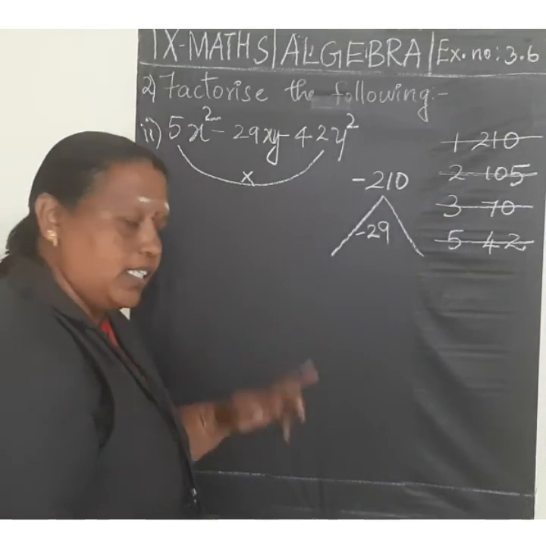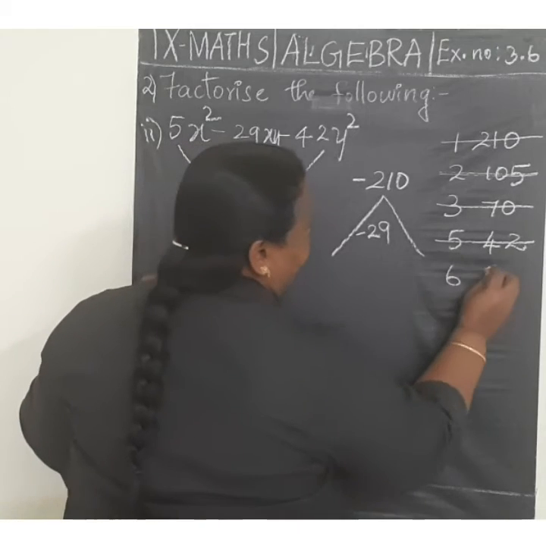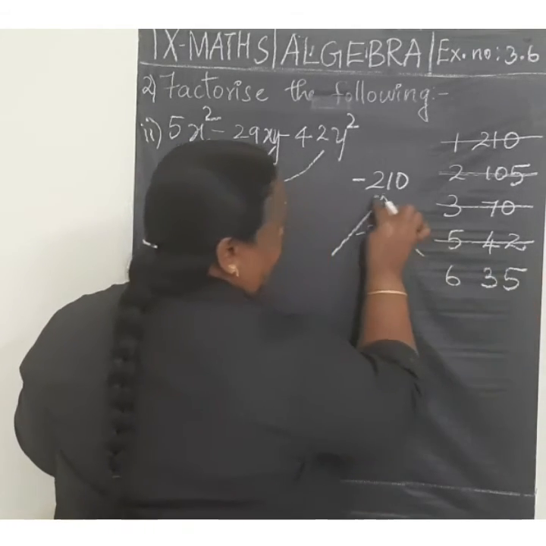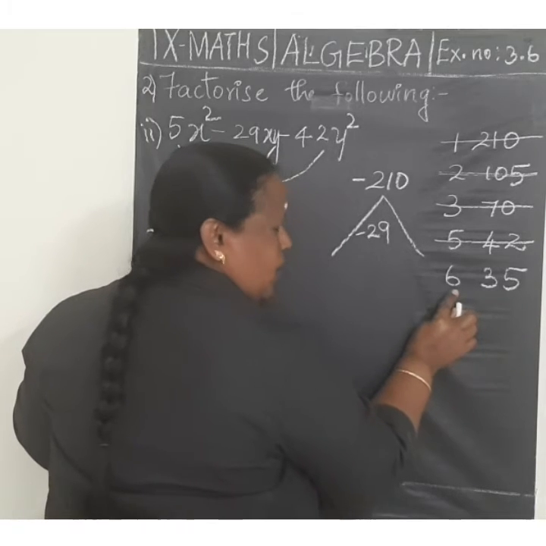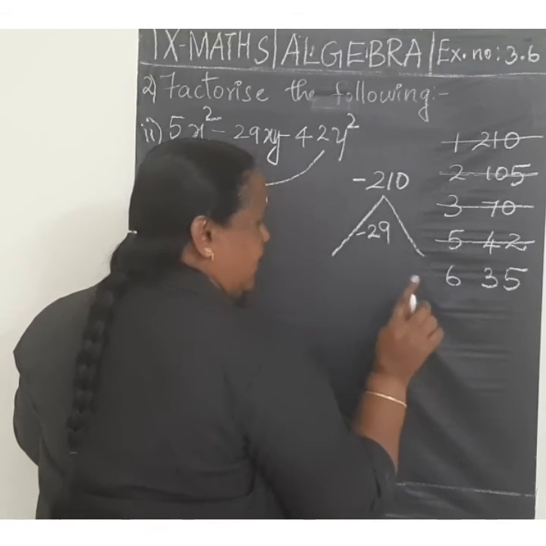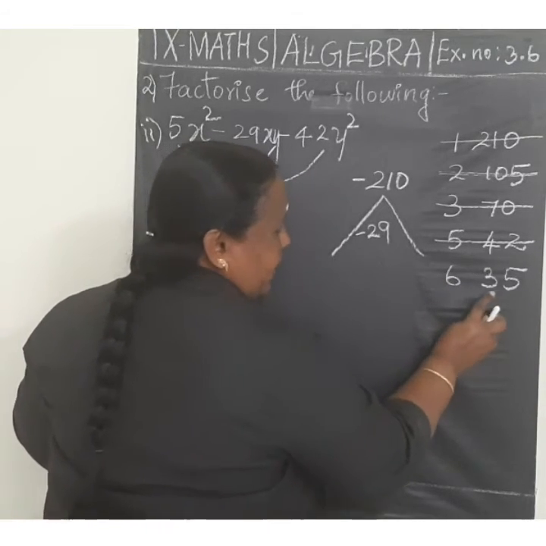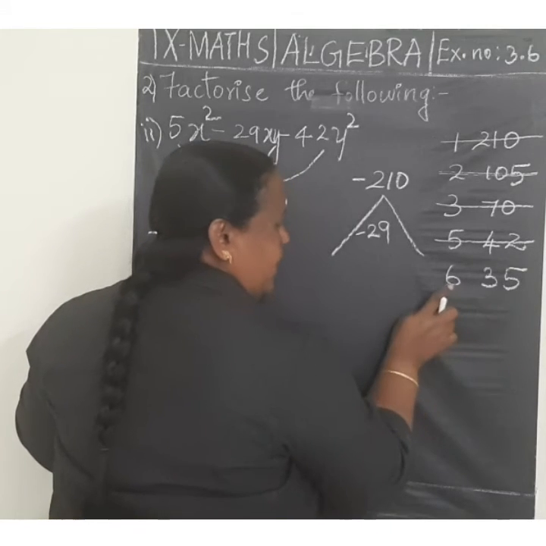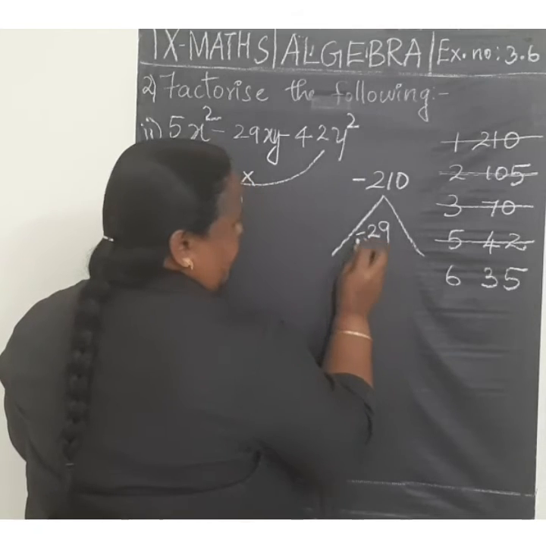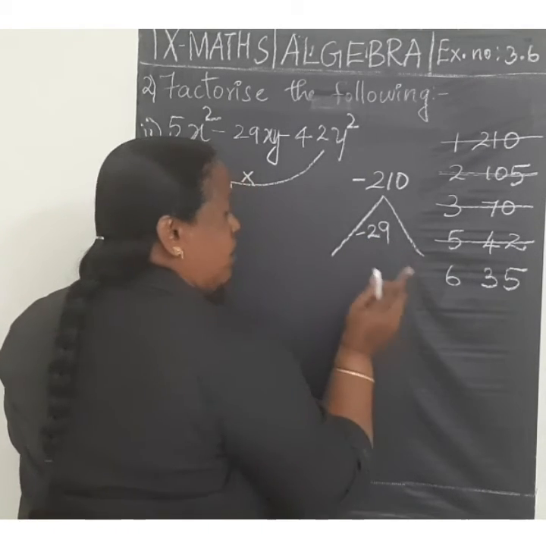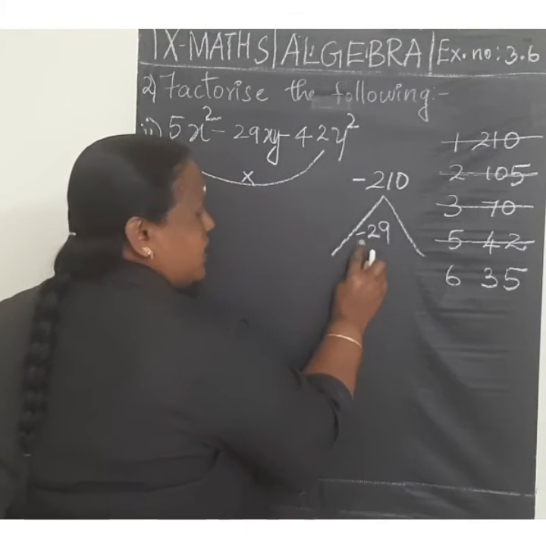Next we will go for the sixth table. 6 into 35 is 210. When we are adding this one, 35 plus 6, we will be getting 41. When we are subtracting this one, 35 minus 6, we are getting 29. Here we are getting this 29, but we need minus 29.